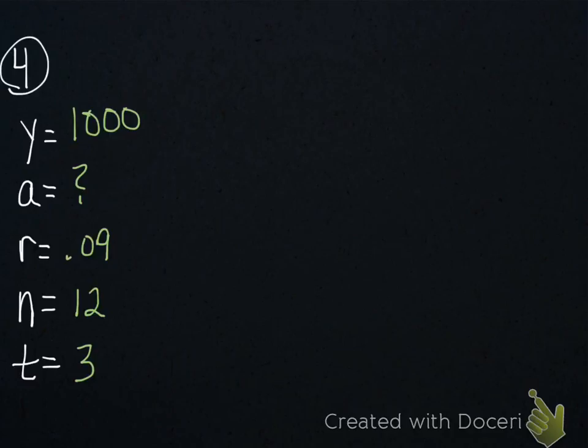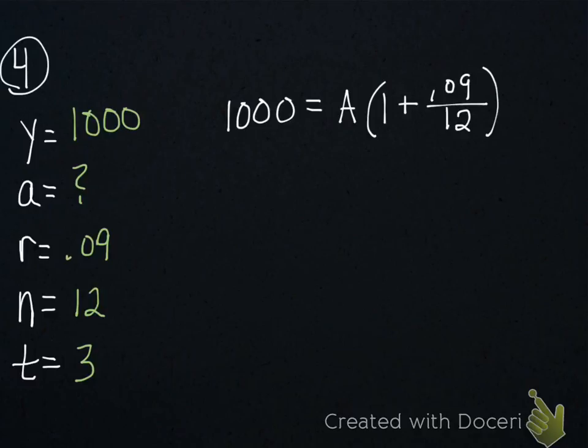I would have 1,000 equals A, parenthesis, 1 plus 0.09 divided by 12, raised to the 12 times 3 power.